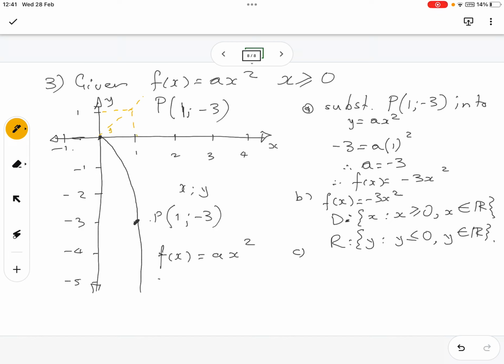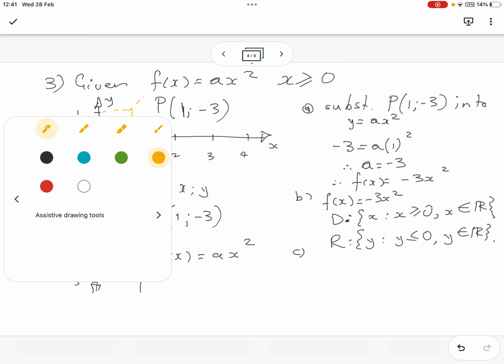Yeah, that's y equals x. And we must give the coordinates of a point on the inverse function. How do you think we can tackle this problem? We must find the inverse function first. Okay.